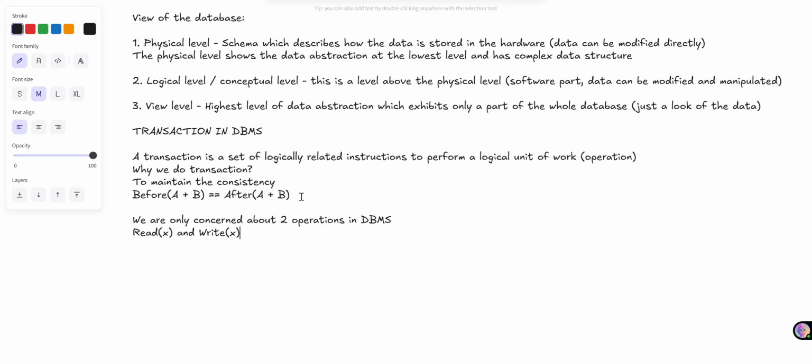Okay. So these are the two operations we are only concerned about. I do not need to define what read and write operations are. Now there are some desirable properties in DBMS. I already told you a few, like atomicity and consistency.